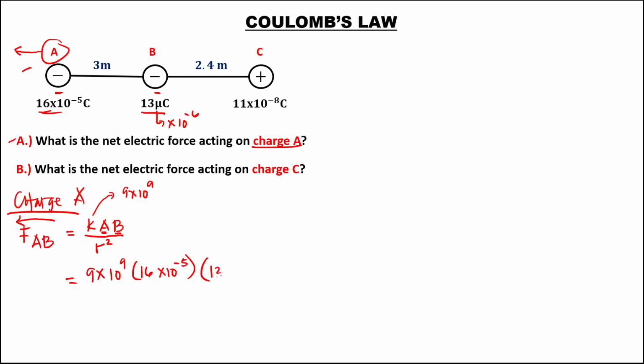So this is 13 times 10 to the power negative 6, then all over the distance between A and B, so we have 3 to the power 2. To find now the force between A and B, again the force is to the left.